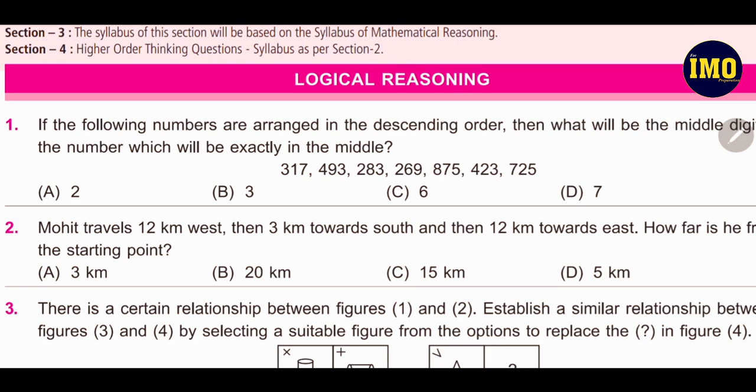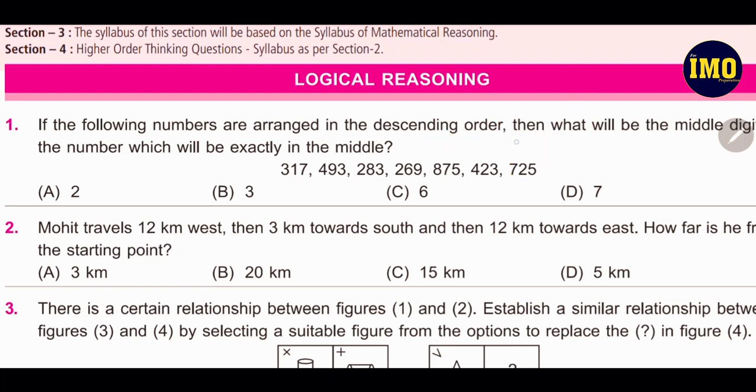As we discussed the syllabus, if the following numbers are arranged in descending order, what will be the middle digit of the number which is exactly in the middle? Middle means a number which is in the center position. For example, we have 3 numbers 1, 2, 3. So 2 is considered the middle number because it is in the center, with one number at each extreme.